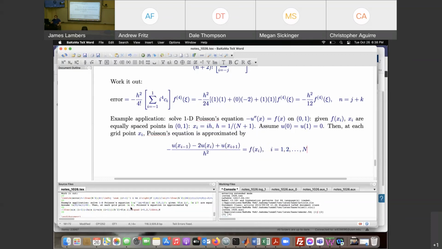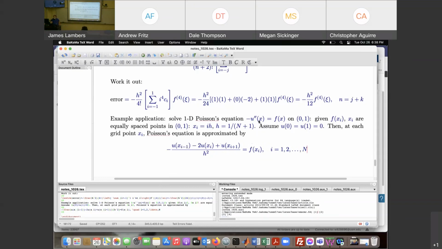Just to be clear, the i minus 1 is the subscript, because this is equal to x_i minus h, and here plus h.